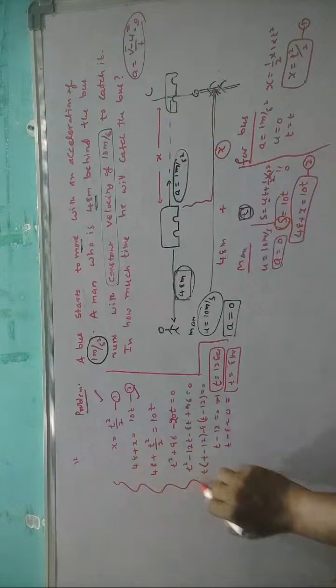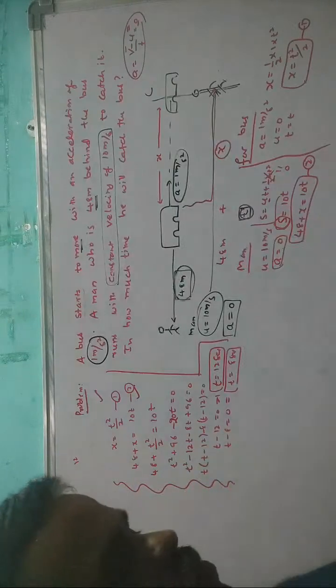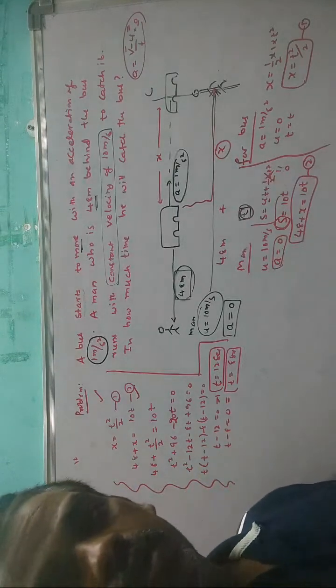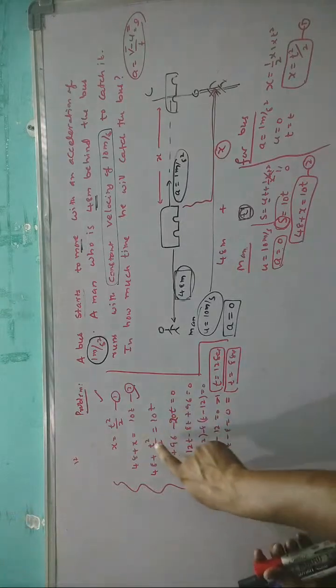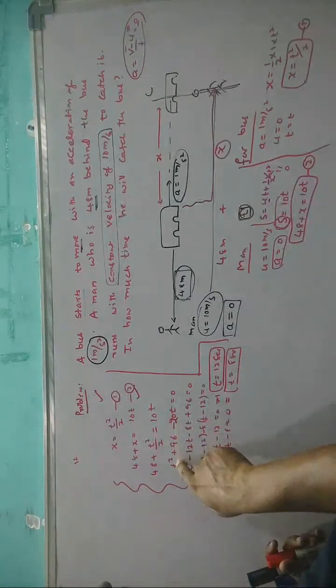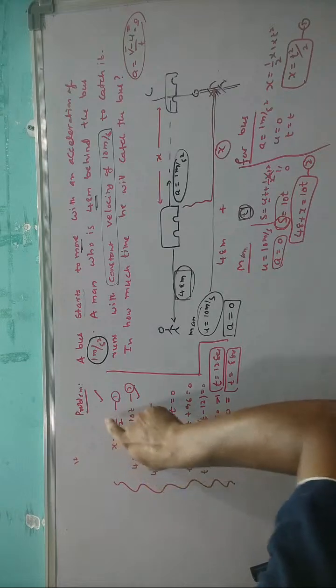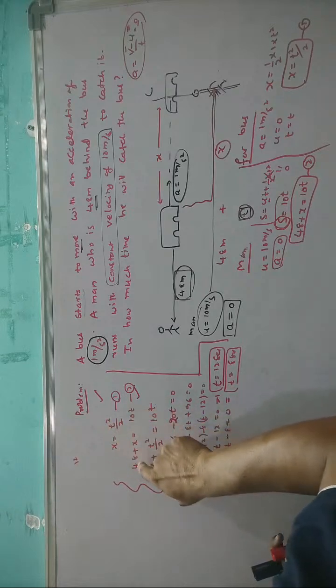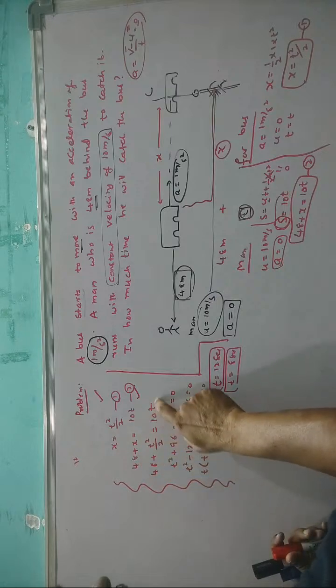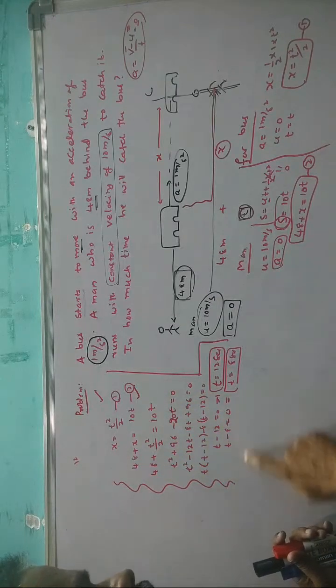If you know some solving, that is a quadratic equation. See here, x equals t squared by 2. I substituted here: 48 plus t squared by 2 equals 10t. So I solve for t.